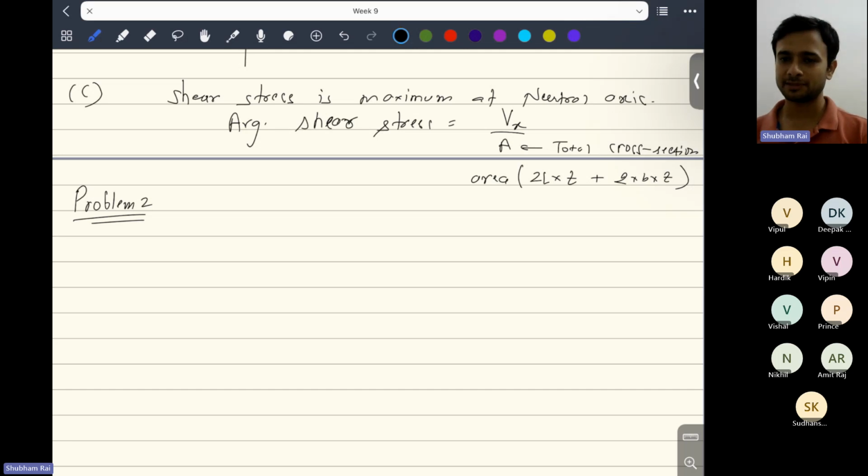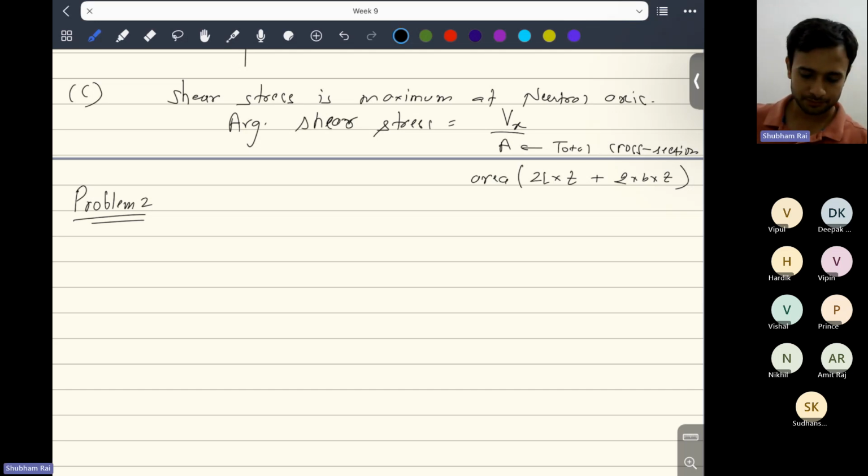And since longitudinal strain is del u by del x, where u is the in-plane displacement, del u by del x will also be continuous across the thickness, because u is continuous across the thickness.